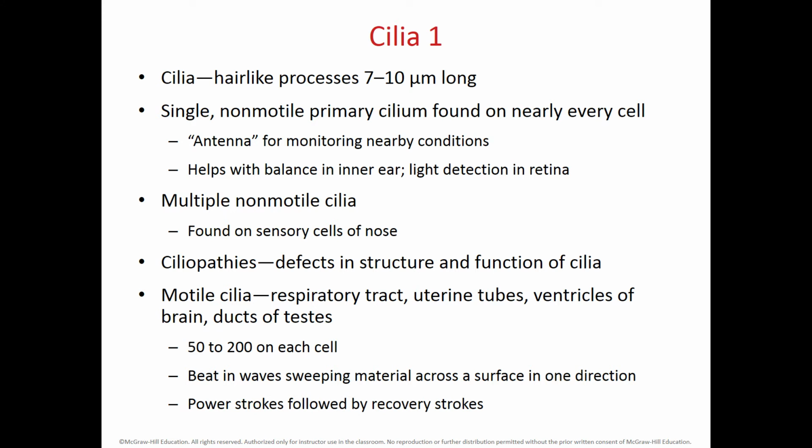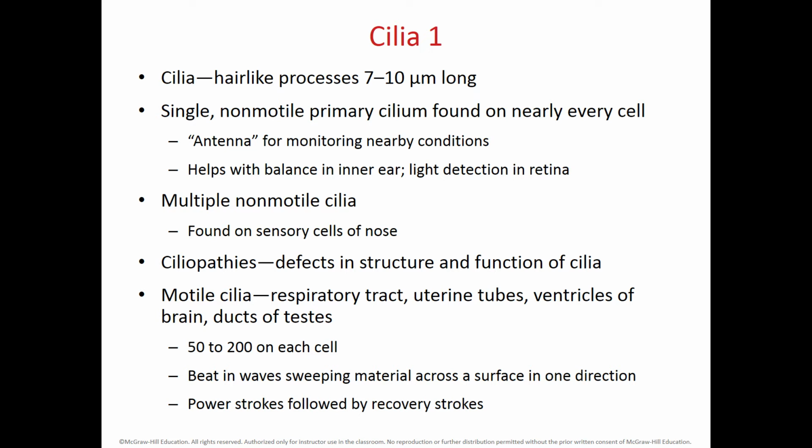In the case of the uterine tubes, the cilia will transport the egg so that the egg can be fertilized, or the fertilized egg can go into the uterus, into the lumen or into the cavity of the uterus. And in the case of the testes, the ducts of the testes, they help to transport the sperm cells.